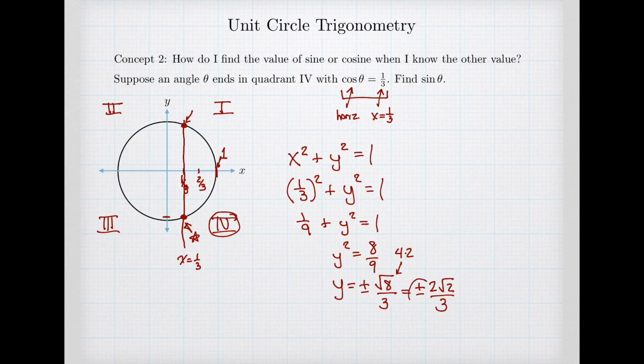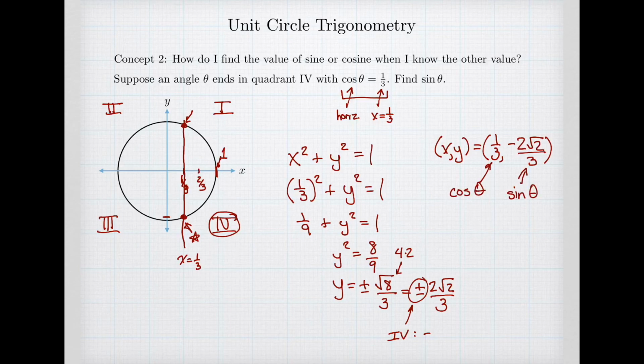I have to choose if it's positive or negative, and because I'm in quadrant 4, we'll choose the negative sign. What that means is my coordinate for my point, x we knew was 1/3. Quadrant 4, my y coordinate is negative 2 root 2 over 3. The first coordinate is the cosine of my angle, and the second coordinate is the sine of my angle.